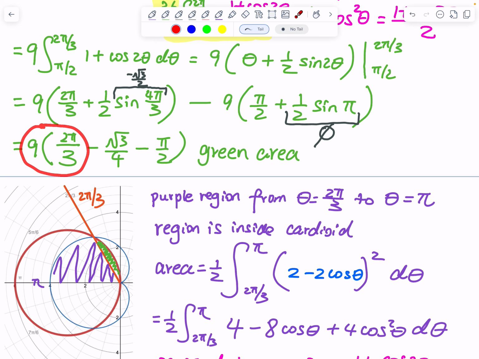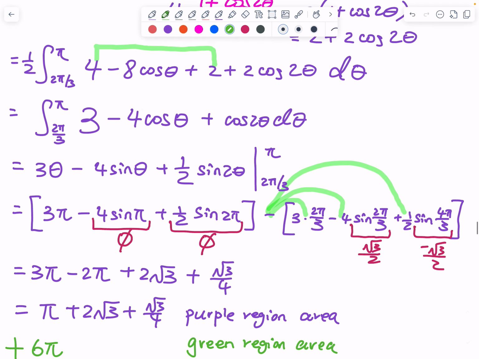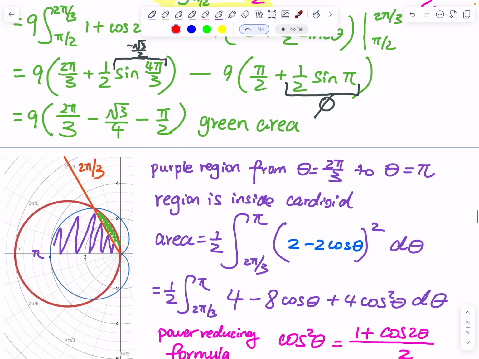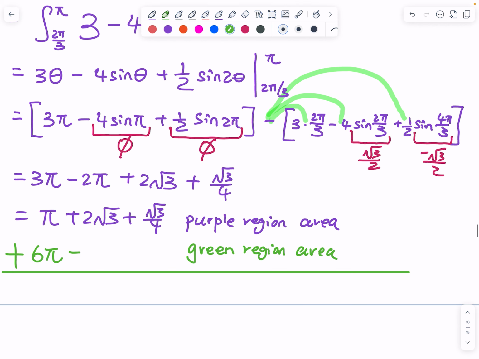So this will be 3 times 2, 6 pi. And then 9, and that will be 9 root 3 over 4 in subtraction.